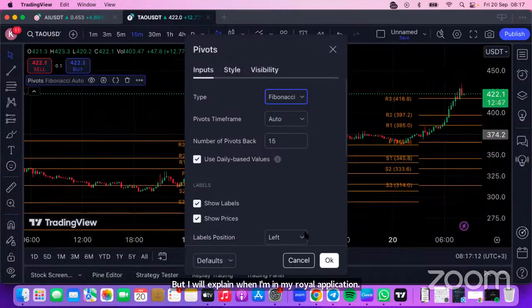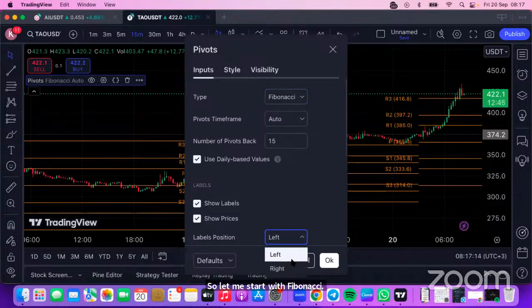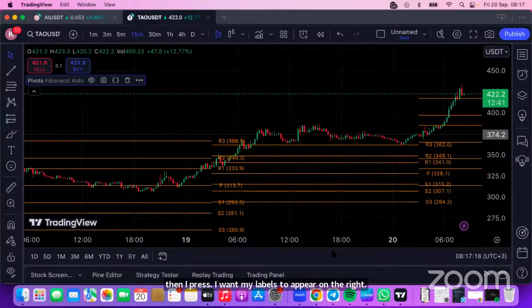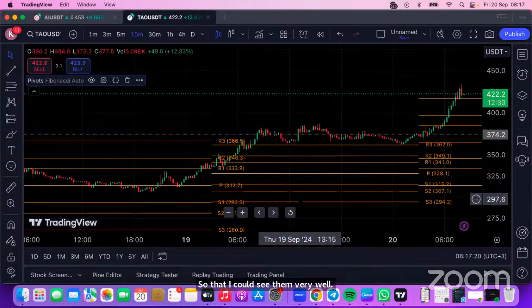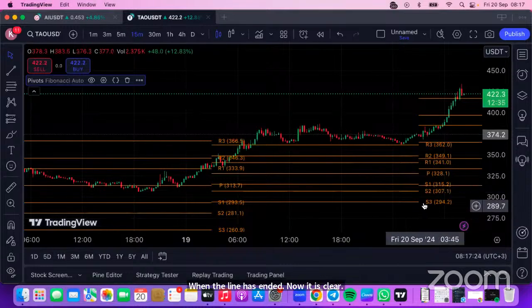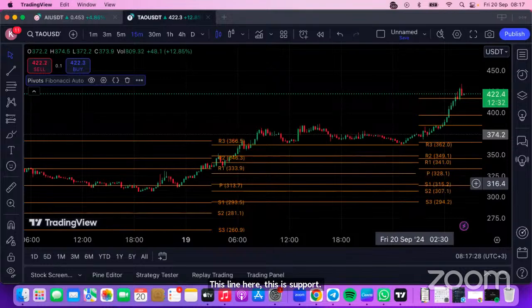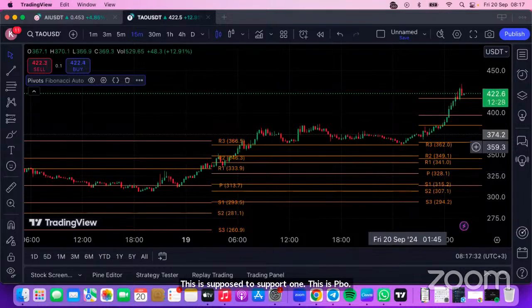Okay, then I want my labels to appear on the right so that I could see them very well when the line has ended. Now it is clear. This line here, this is support, this is support 2, support 1, this is pivot, this is resistance 1, resistance 2, then we start off again like that.